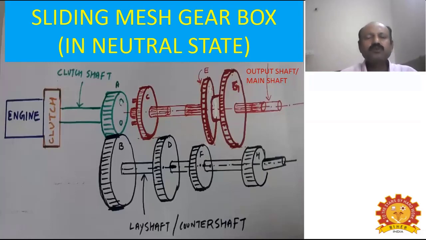When gear C is moved to the right side, it meshes with gear D, and the power is transmitted from gear D to gear C. Now gear C will start rotating, and since it is internally connected with a splined construction to the main shaft, the main shaft also rotates. So another variety of speed is obtained.